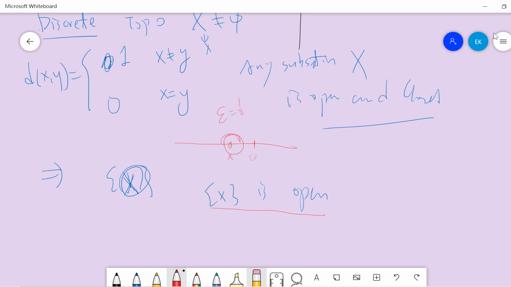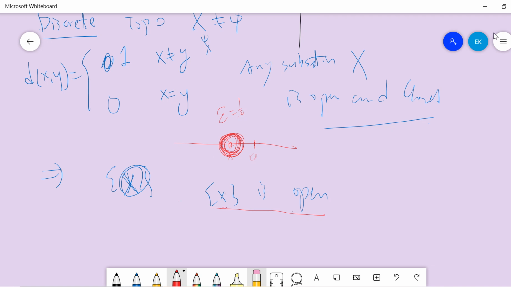Then this open ball only contains 1 point, which is the point x. So by definition, there is an open ball inside the set. So when you take epsilon equal to half, this open ball only has 1 point, x, so x belongs to this set.